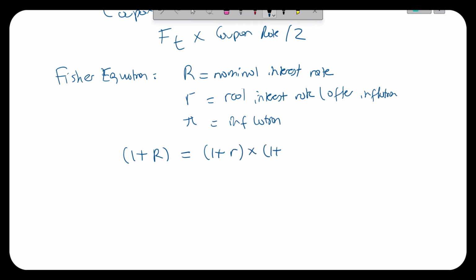Okay? This is the exact Fisher equation. In this day and age, there is no need to calculate the approximate one. This is the exact. And the approximate is R approximately equals r plus pi. I will never ask you to calculate the approximate.